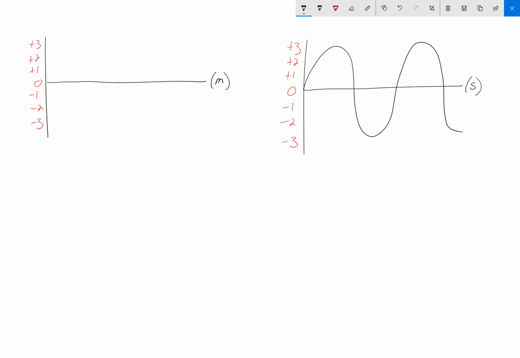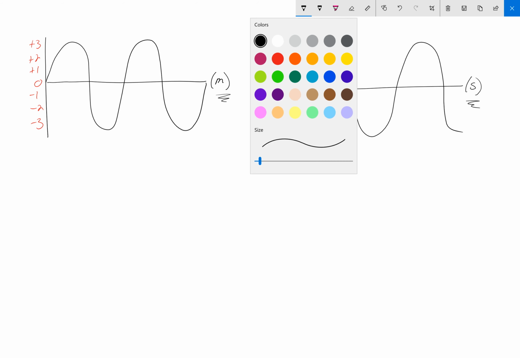But what if you could take a picture, go back to that rock being thrown in the water, and take a snapshot of all those ripples going out? If we graphed the amplitude versus position in the lake, you actually get the same thing. So these graphs look very much alike, except that one of them is versus position, hence the meters, and one of them is versus time. Be aware of that when you're looking at some of the examples.